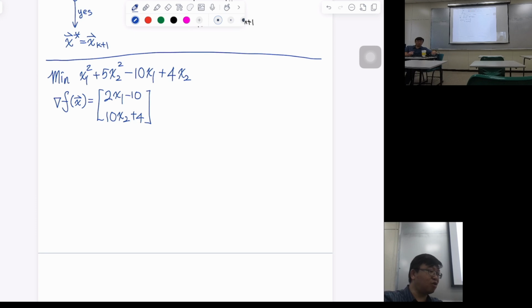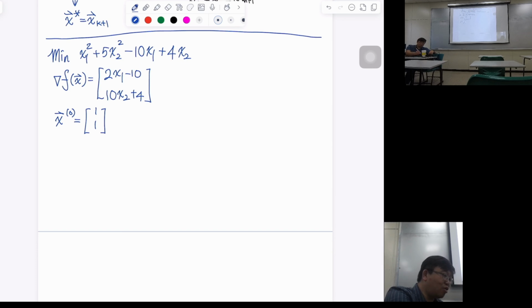Now, I will start my iteration. I will say my initial guess equals, I would like to keep the numbers small, so I would just say 1 and 1, okay? Actually, let's do it slowly.